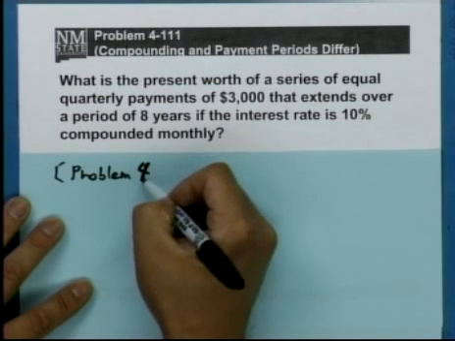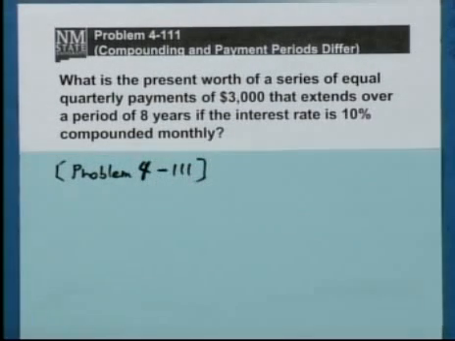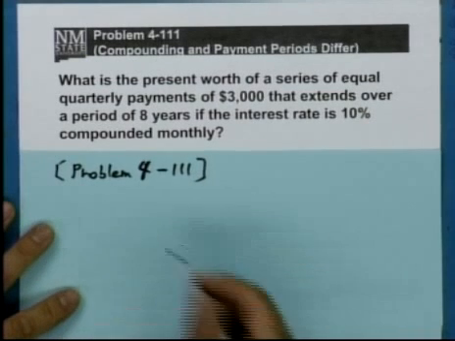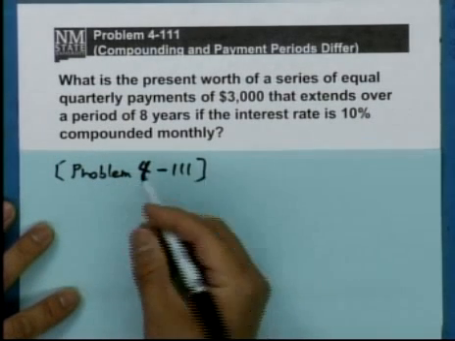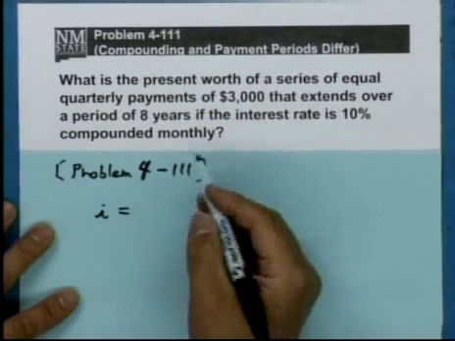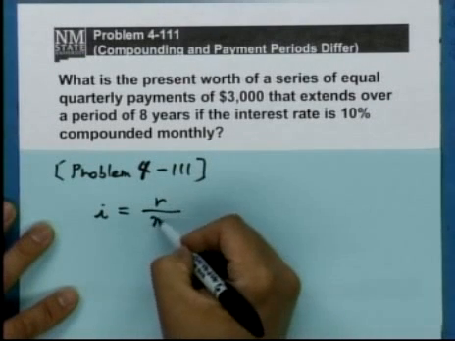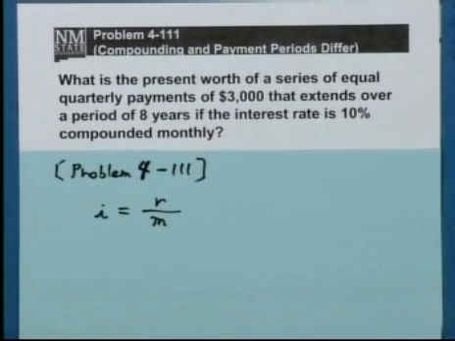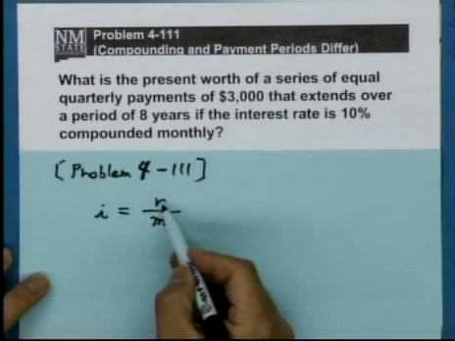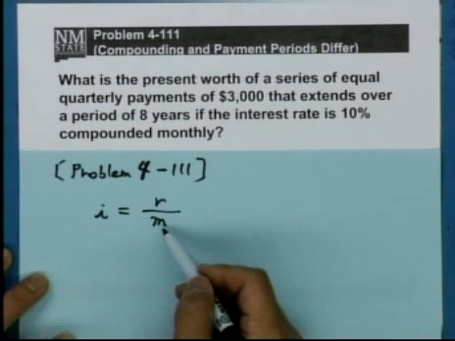Problem 4-111. Right? So let's compute the interest rate per compounding period, which is i. You know, i can be computed by r divided by m, right? r is the nominal interest rate and m is the number of compounding periods per year.